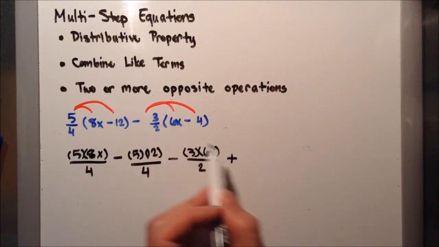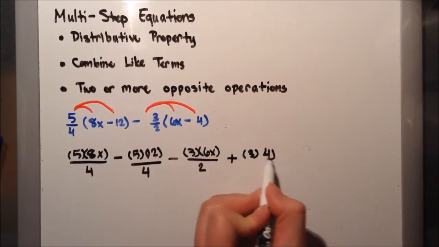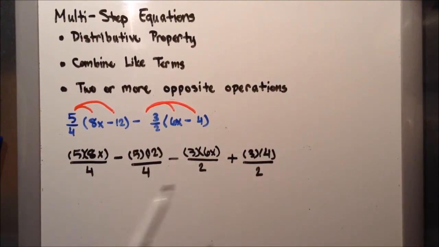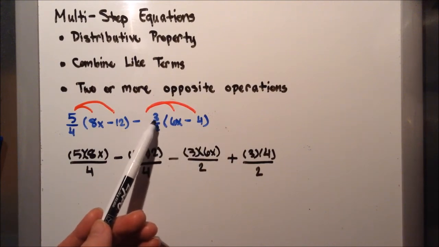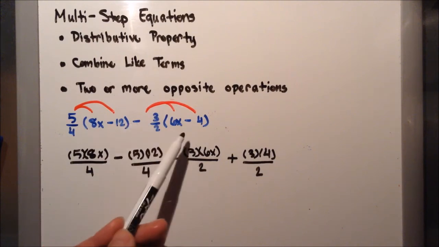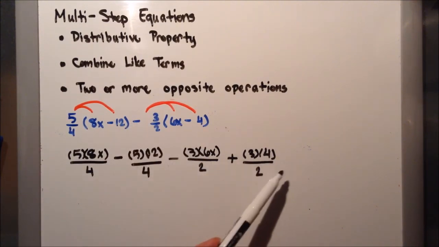And multiplying the 4 to the numerator, it will be 3 times 4 over 2. So again, I got this by multiplying the 4 to the numerator, 3 times 4, and it's plus because a negative times a negative. Alright, so I'm going to simplify the top.